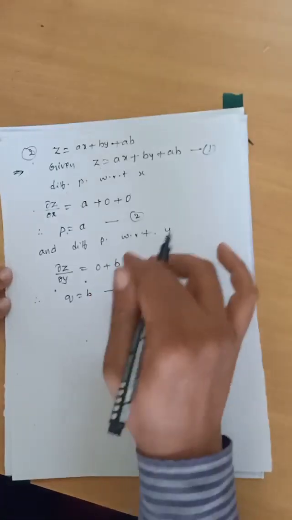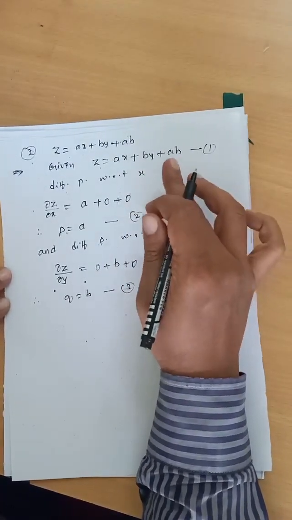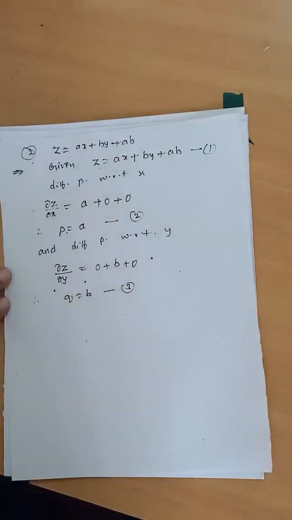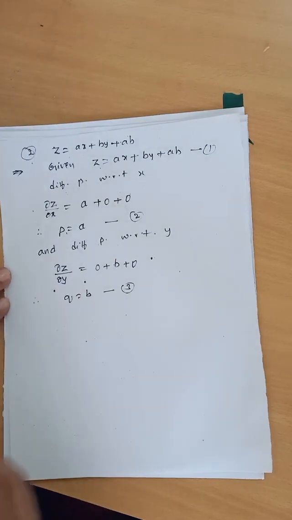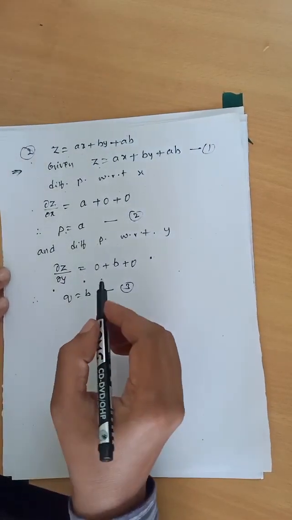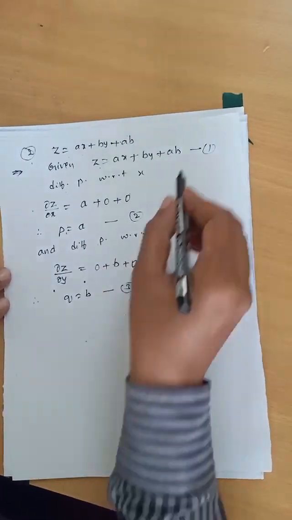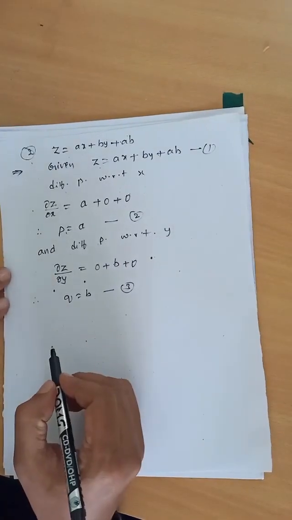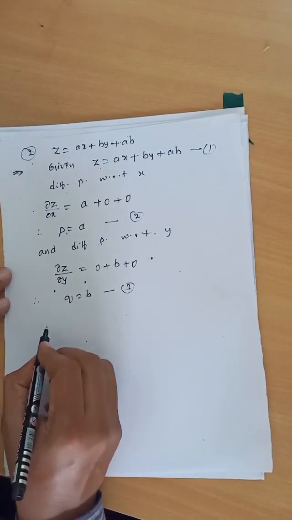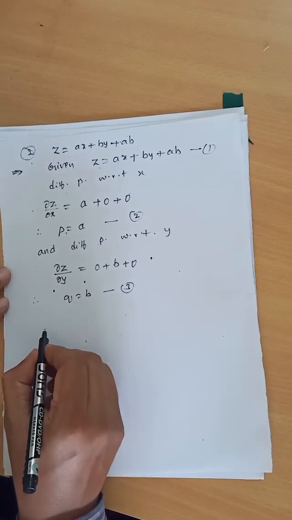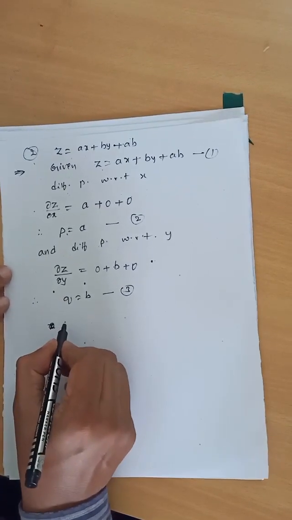We have 3 equations. Using these 3 to eliminate the arbitrary constants a and b, we have one unique method. Substitute 2 and 3 in 1, like the previous method.